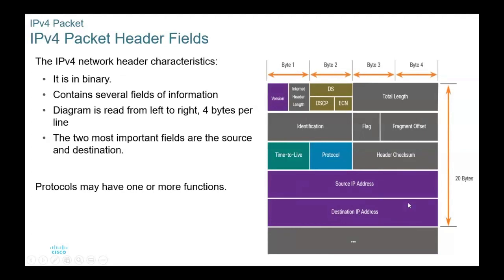All of these things are important to someone, but for us, the important thing is the source and destination IP address. That's the most important thing, because that's what routers use to determine where to send the packet next. If I have a destination IP address of this, and that's in my router table, and that tells me to send it out of interface 6, then I will take this packet and send it out of interface 6.